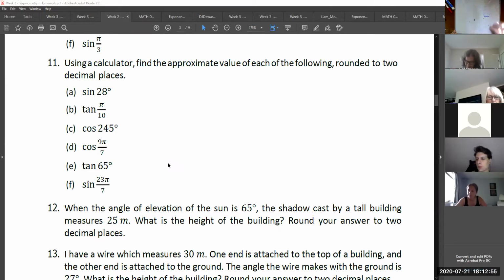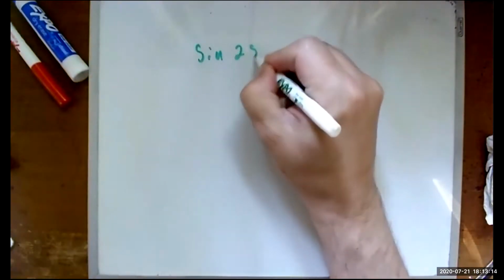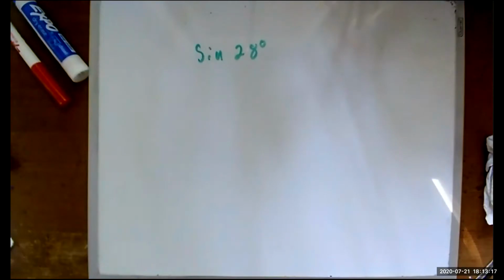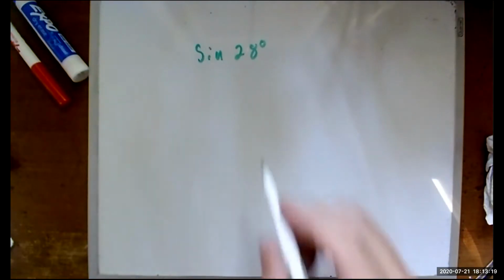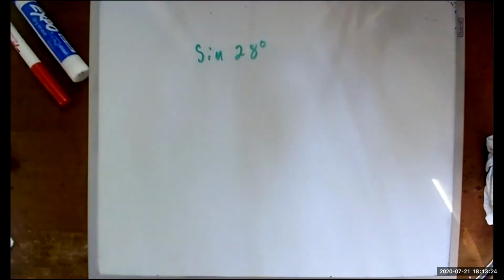Again, a couple of ways you can do this. The first one is fairly straightforward. Whenever you're dealing with it in degrees, just go ahead and do it in degrees on your calculator. So if I have the sine of 28 degrees, it depends on the calculator that you have. You're either going to push the sine button and then punch in 28 and hit equals, or you have to punch in 28 first and then press your sine button and then press equals.